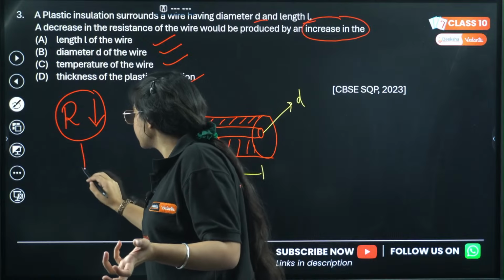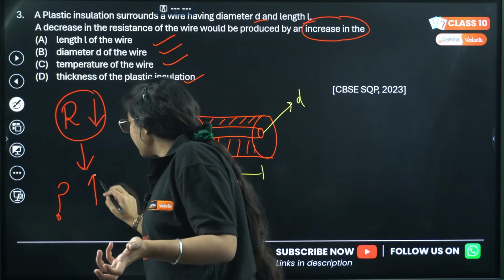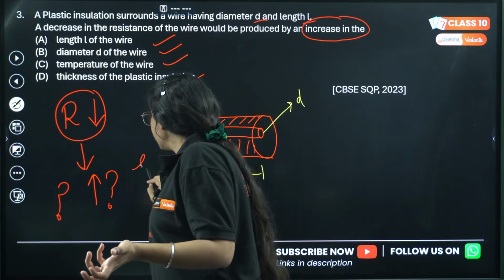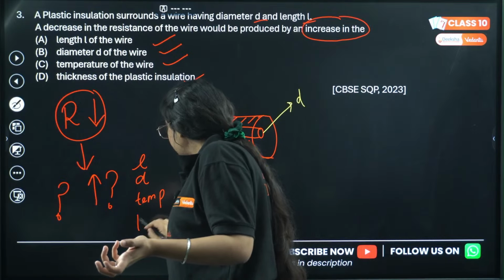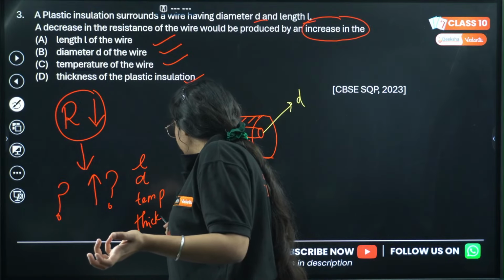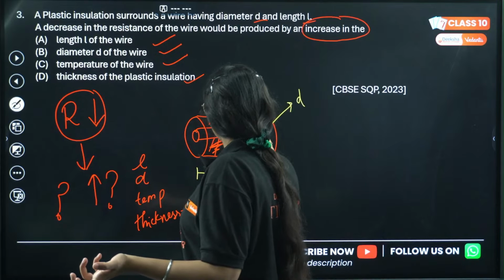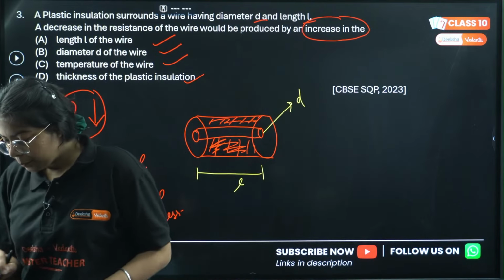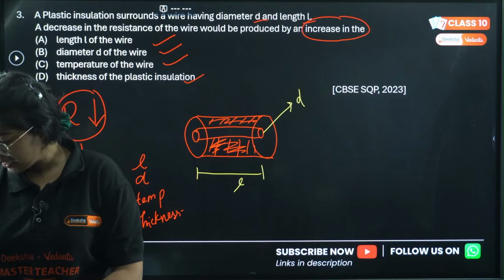If my resistance is decreasing, what parameter will be increasing? Length, diameter, temperature, or thickness of the insulation, this thickness. Amit is saying B. Abhimanyu is saying diameter of the wire.